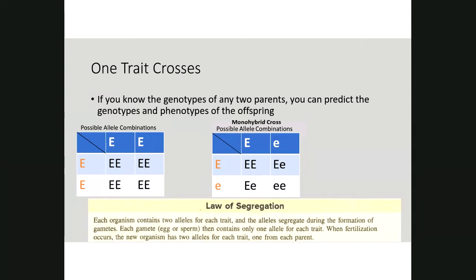Knowing genotypes of the parents will help you figure out what the offspring might have if they're not born yet. So, for example, we can use this thing called the Punnett square. This is a Punnett square.